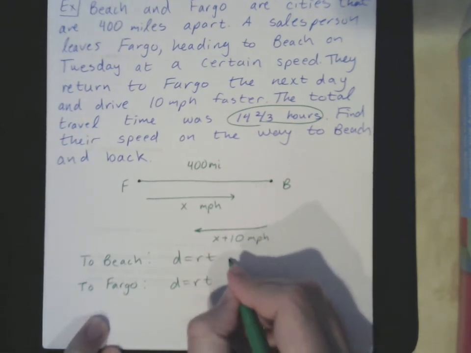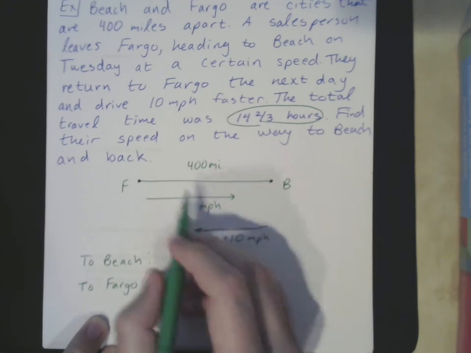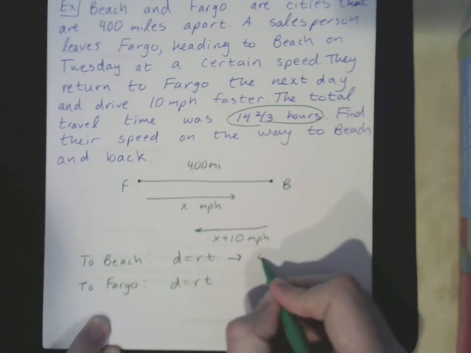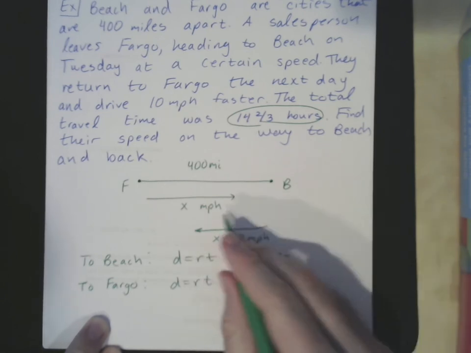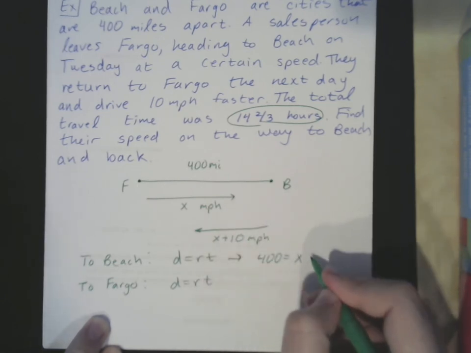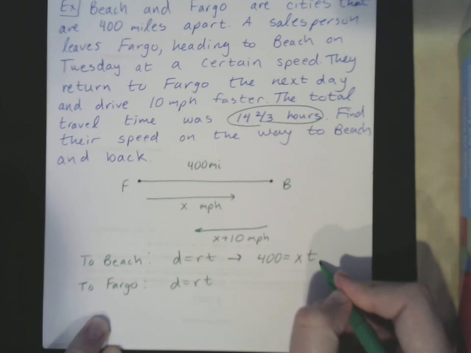So to Beach, we know it's 400 miles, so they drove 400 miles, and this has to equal our rate, which is x, times our time. Let's call this t1.